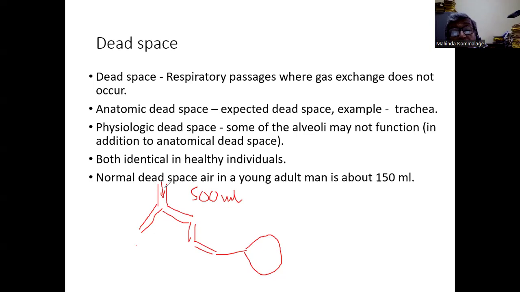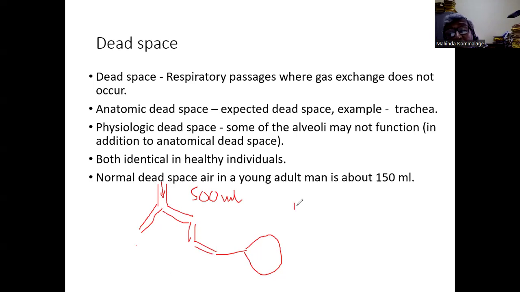That's the tidal volume. So will all this 500 milliliters come to the alveoli? What do you think? No. Why? Because some of the air will be retained in the bronchioles, some in the airway. Yes, very good. So some volume will be retained here.